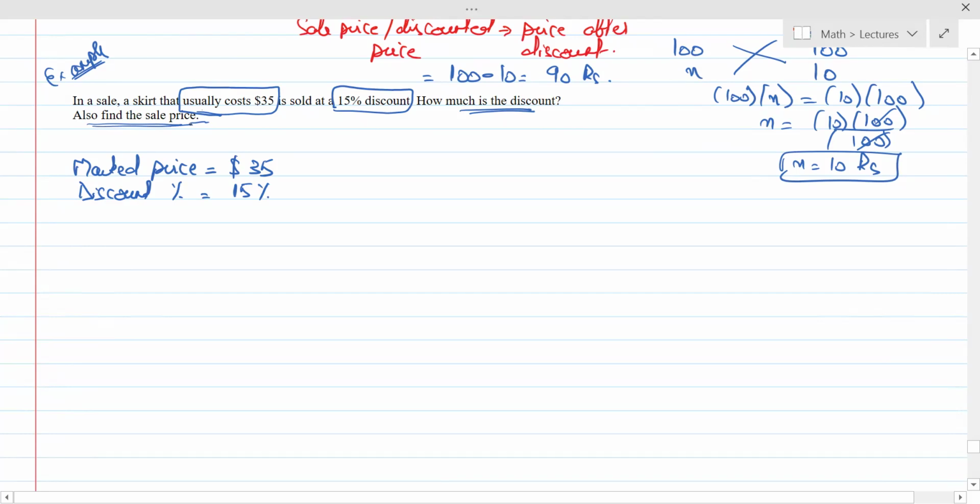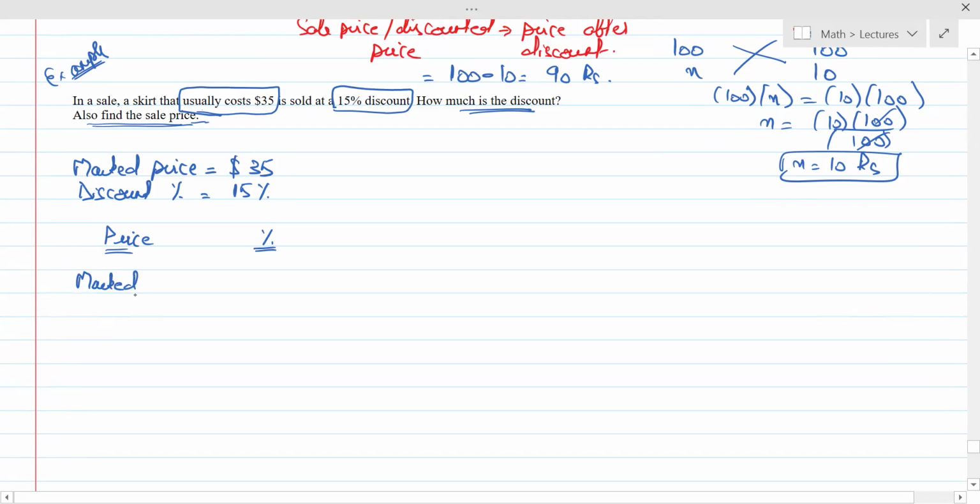Now, for the first part, how much is the discount? For the discount, you can use the unitary method or this ratio method here. So we have the price against the percentage. The first row of values is always the original, and original in the case of discount would be the marked price for us.